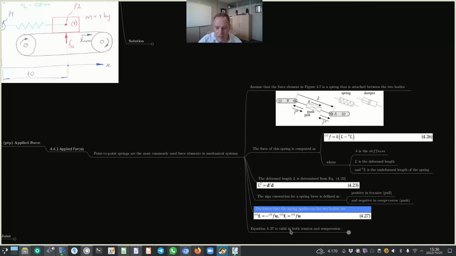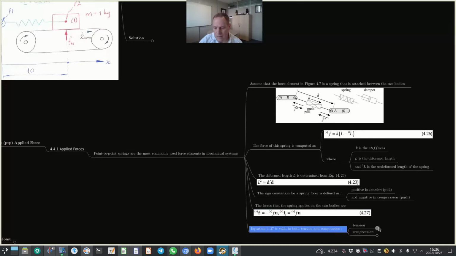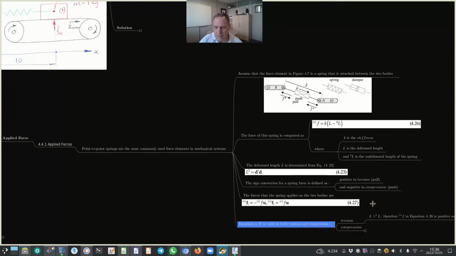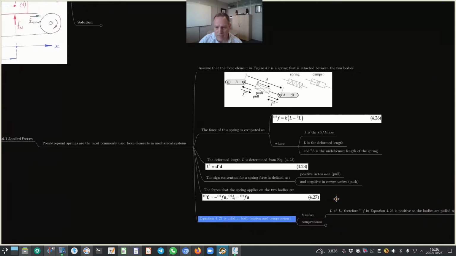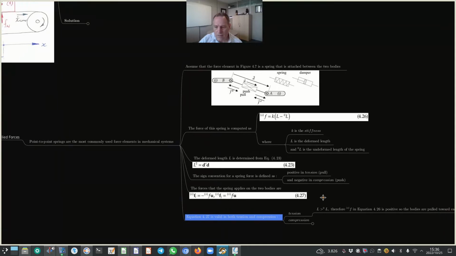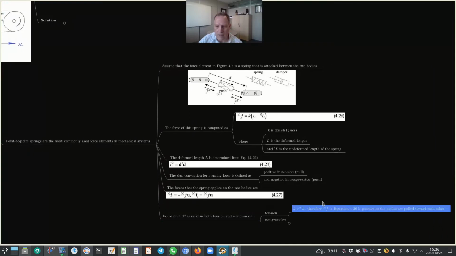Okay, so equation 4.27 is valid in both tension and compression. In tension, we just spoke about that. Okay, so this is now referring back to equation 4.26. So in tension, the deformed length is greater than the undeformed length, L0.